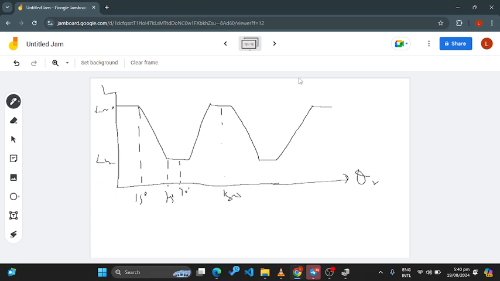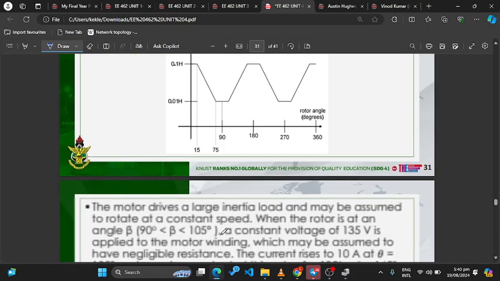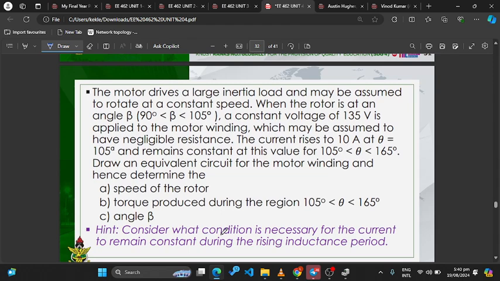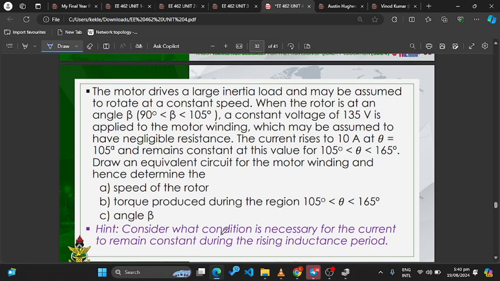Now let's read the rest of the question. It says a motor drives a large inertial load and may be assumed to rotate at a constant speed. Okay, we got it. When the rotor is at an angle beta, where beta is between 90 and 105.